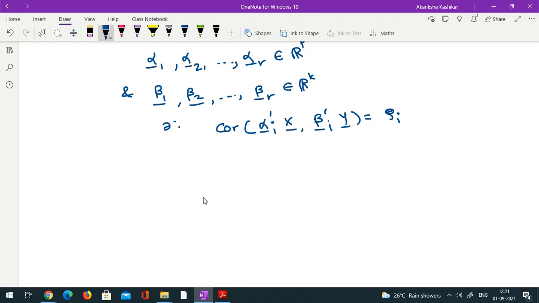Alpha was sigma xx to the power minus 1 by 2 into gamma. What was gamma? I think I used gamma as the correlation of alpha bar x and beta bar y.